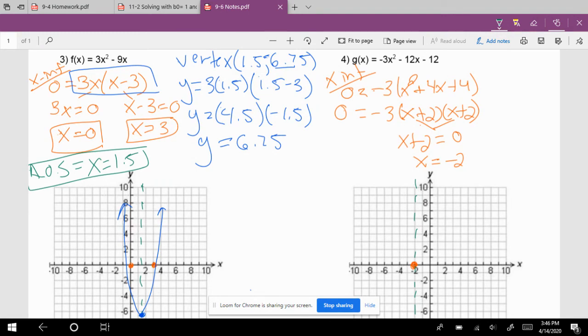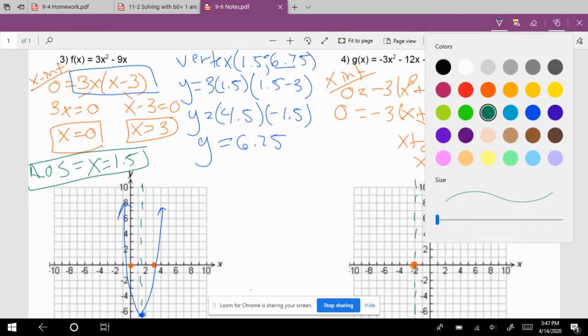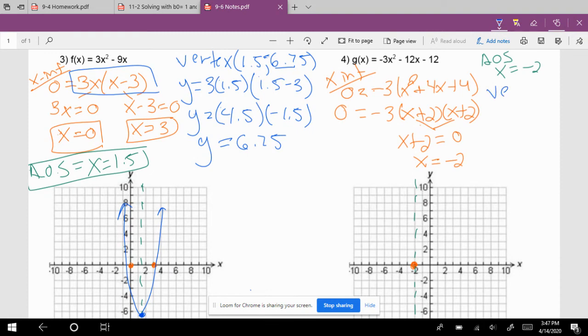So with all that tied together, the axis of symmetry is going to also go through this point. So axis of symmetry, x equals -2, and my vertex is going to be that same x-intercept point. So now we're going, well, how do I get my other 2 points? I only have one point here.